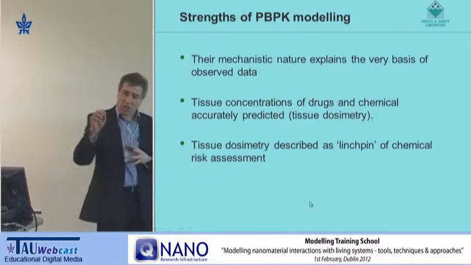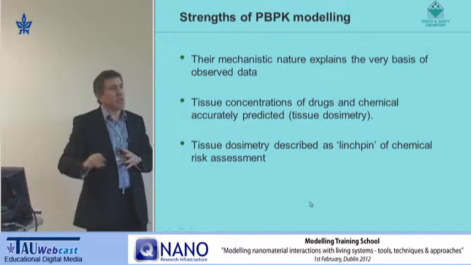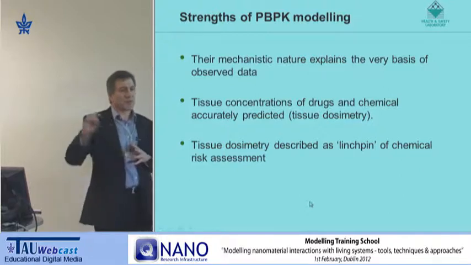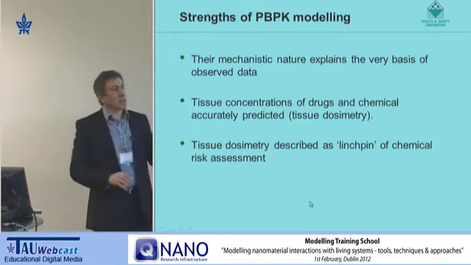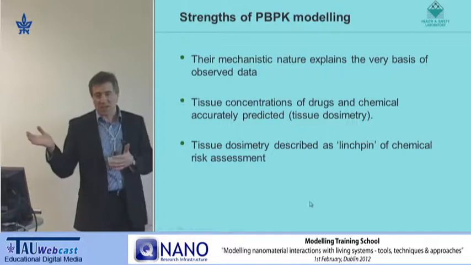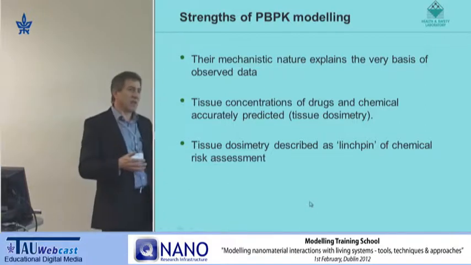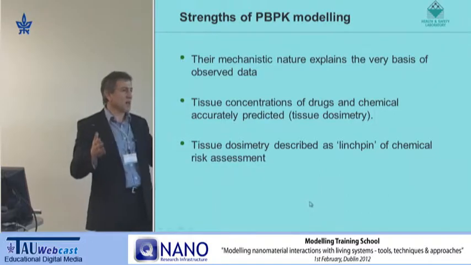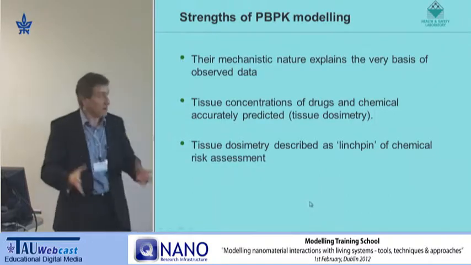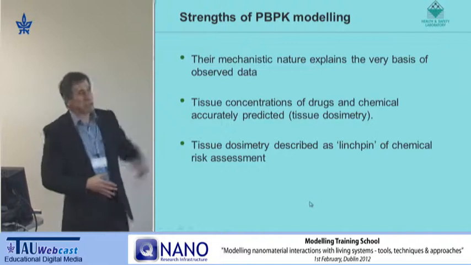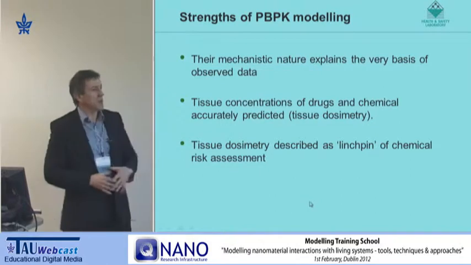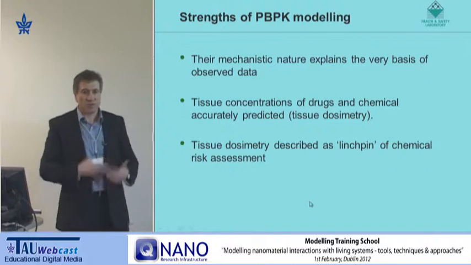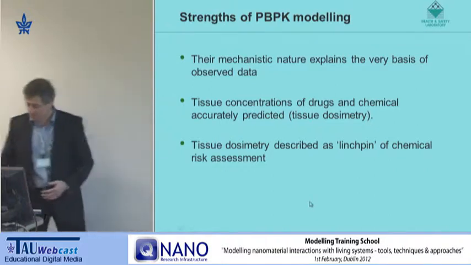And we can correlate the concentrations in the cells with a response. And this is a far superior way of trying to correlate exposure with disease incidence than trying to correlate concentrations in the atmosphere with response, which is the current epidemiological paradigm. So this tissue dosimetry is the linchpin of this data-informed, biologically based risk assessment.